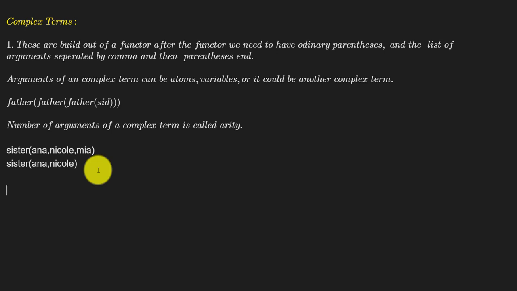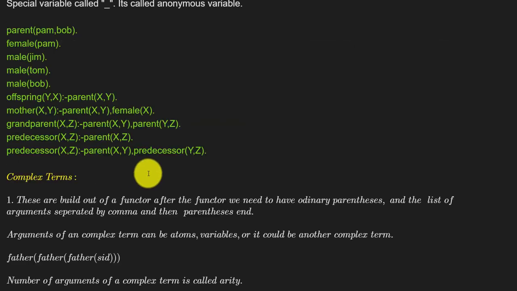How you mention it: suppose I want to mention this guy over here, I can write sister, then slash, its arity 3. And for this guy it will be sister slash 2. So this is the naming convention we can write while documenting this stuff. Okay, so these are the different shades of building blocks.